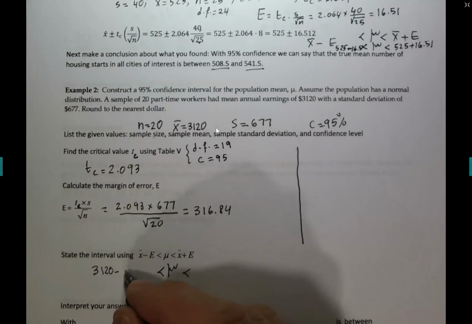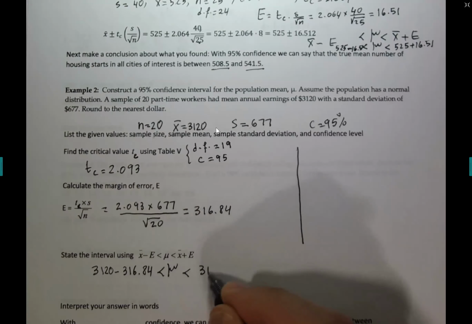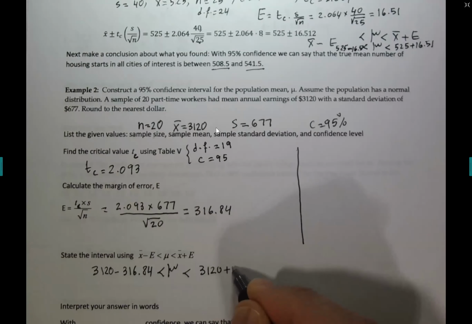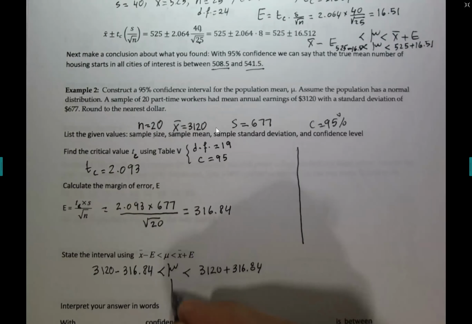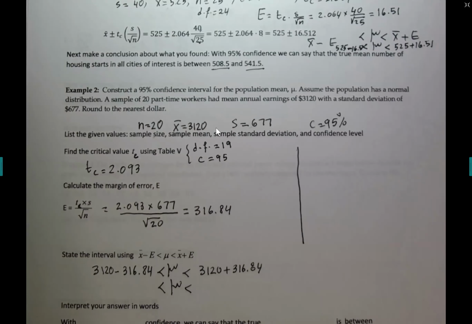minus 316.84, and 3,120 plus 316.84. Mean will be, just do the subtraction and you're all set. 3,120.00 minus 316.84.